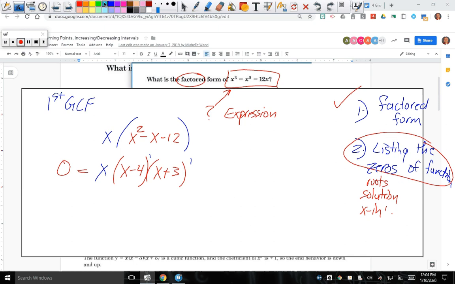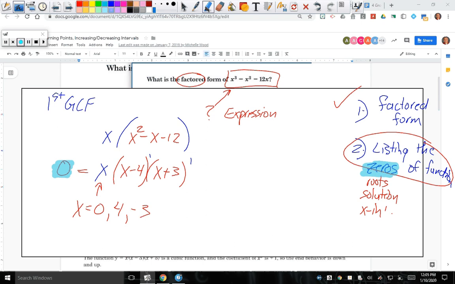Do you see why we call the x-intercepts zeros? Because the y value is what? 0. Here we go. What's this first x value? 0. What's the second x value? 4. Good. People who would make a mistake would say negative 4. What's the last zero? Negative 3.